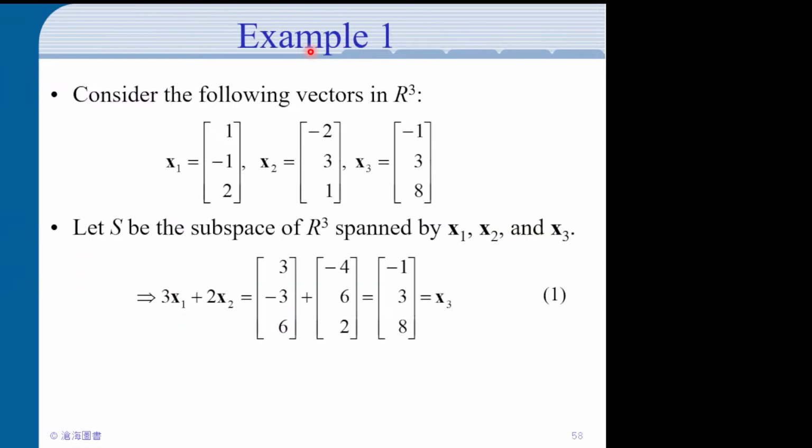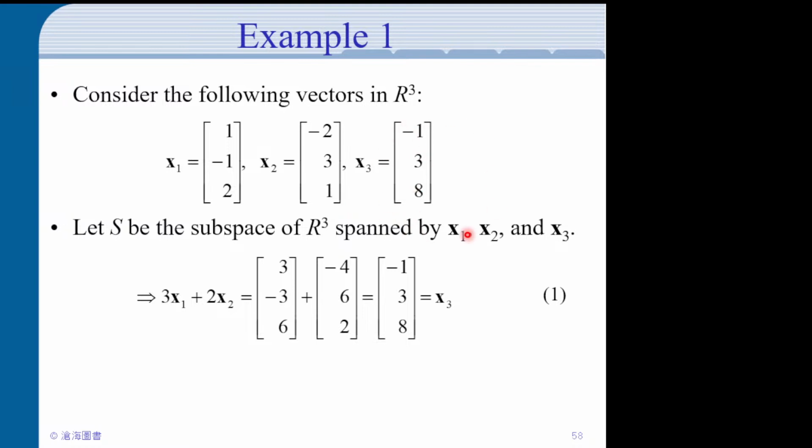So maybe let's see an example first. We have three vectors in R3, x1, x2, x3 equal to those, and we consider the subspace spanned by all three. Now we see what linear dependence is.